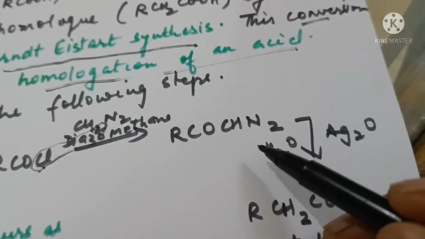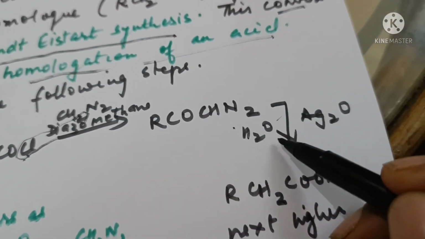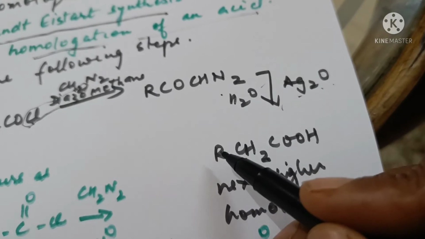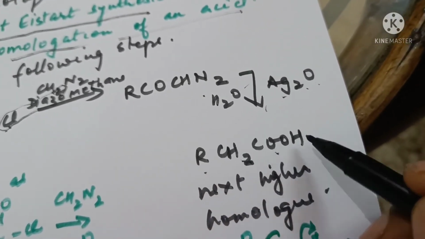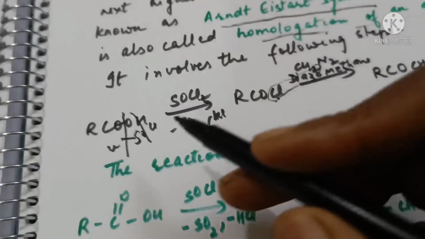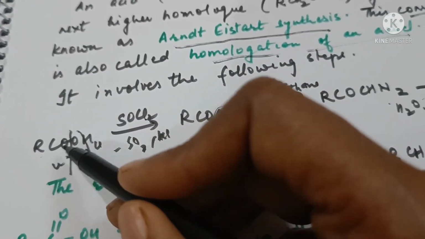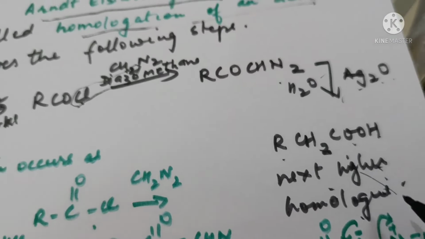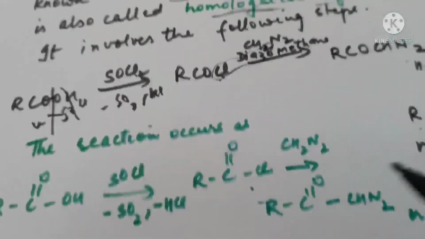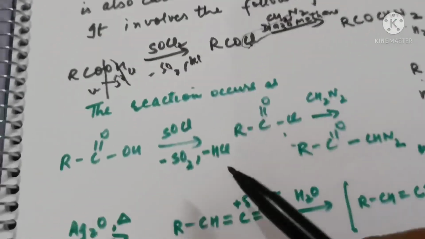CHN2 gets attached to form this product, which on treatment with silver oxide will form RCH2COOH, the next higher homologue. RCOOH will get converted to RCH2COOH, the next higher homologue. This is called the Arndt-Eistert synthesis.